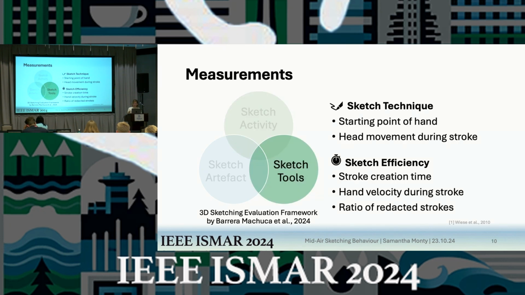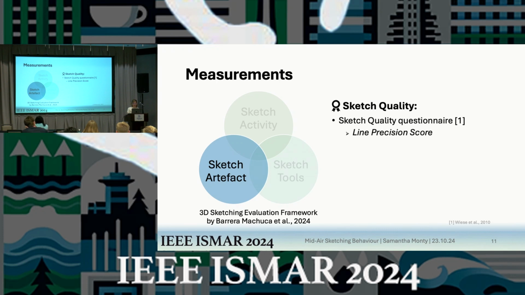To assess the sketch tool, we measure various aspects of user behavior and sketch technique. We consider where users place their dominant hands in relation to their viewpoints to begin strokes, how much users move their heads between starting and stopping a stroke. And we also consider the efficiency of users and calculate the average time to create strokes, the velocity at which users move their hands when creating strokes, and the ratio of erased, undone, and cleared strokes to the total number of strokes.